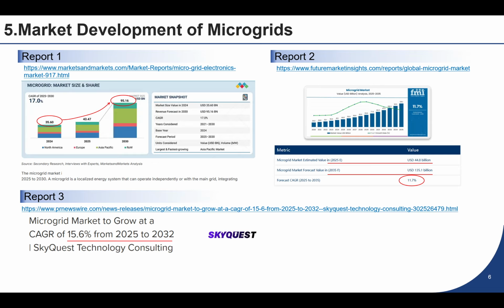Overall, regardless of the specific research sources, all reports show strong, sustained growth of the microgrid industry over the next decade. Microgrids are no longer just niche systems, they are becoming a mainstream component of future power systems.